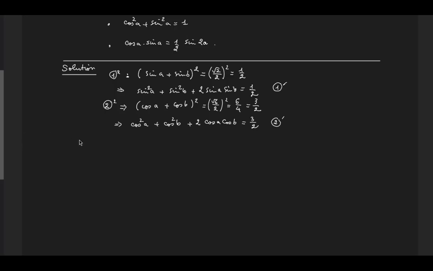Now we take 1 prime plus 2 prime. We add the left-hand sides of the two equalities and the right-hand sides.